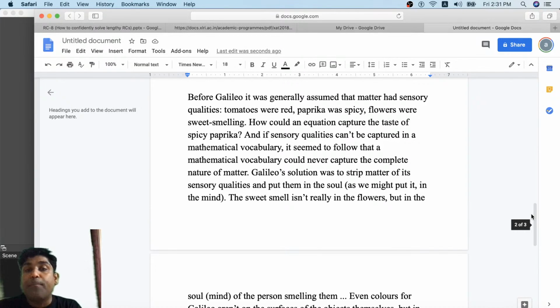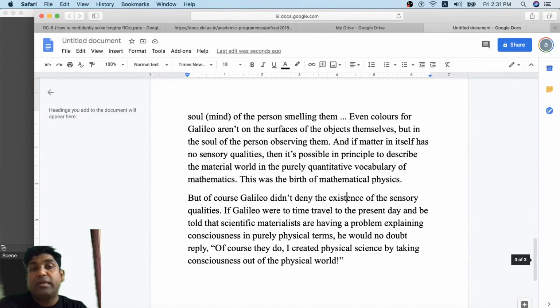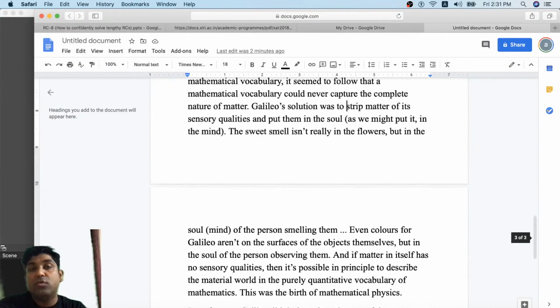Galileo's solution was to strip matter of its sensory qualities and put them in the soul. So what Galileo did was take those qualities out of the matter.